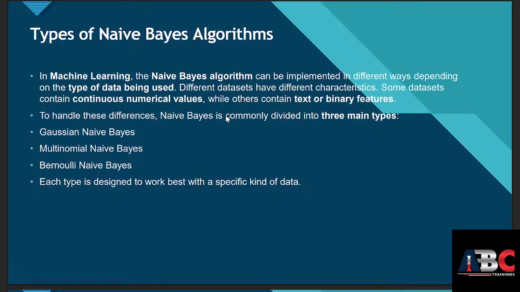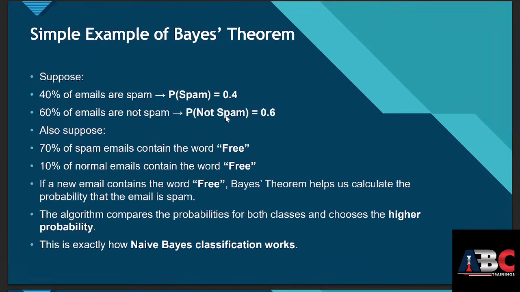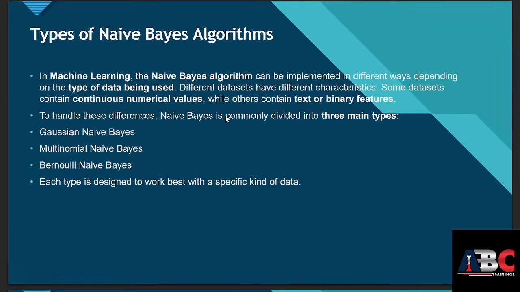Different data sets have different characteristics. Some data sets contain continuous numerical values, while others contain text and binary features.